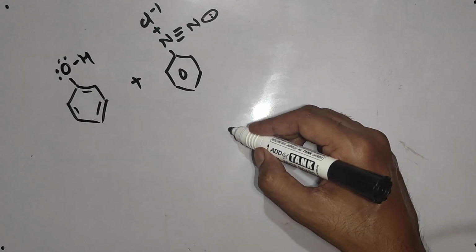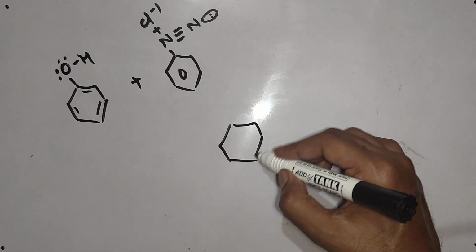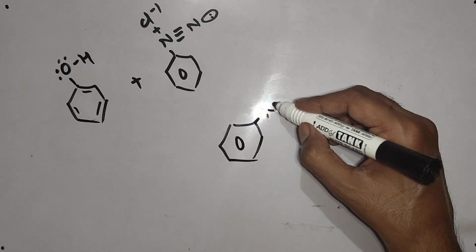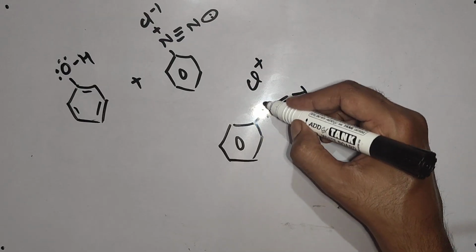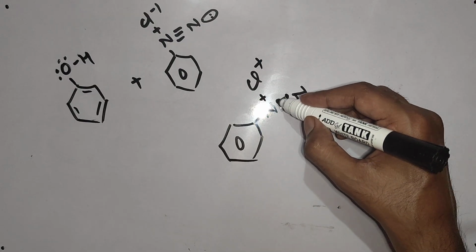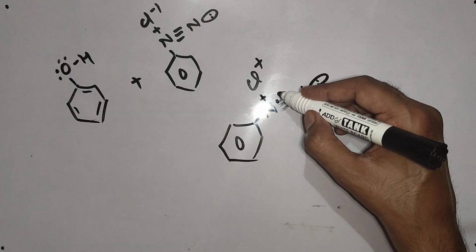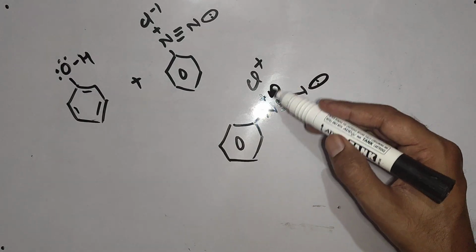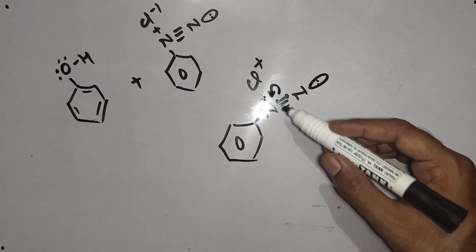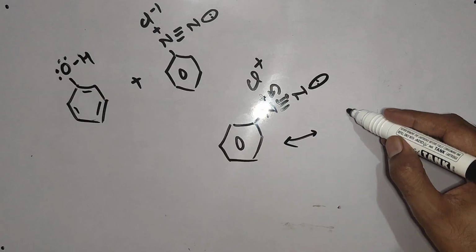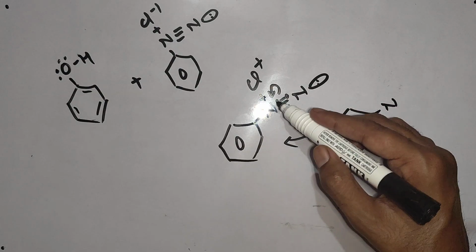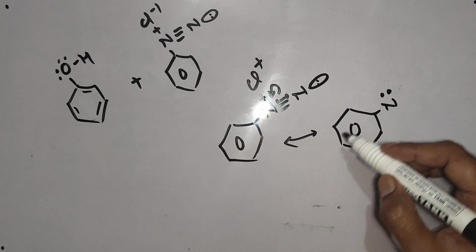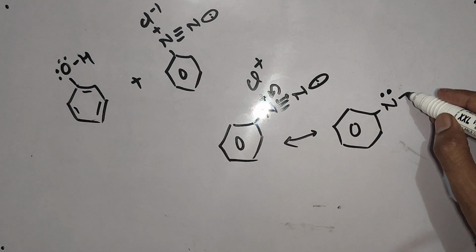This benzene diazonium chloride is all the time showing this resonance. Pi electrons sometimes shift toward this nitrogen, and the positive charge of this nitrogen is finished, due to which this nitrogen will carry a lone pair and it will become neutral, and 2 bonds will be there.